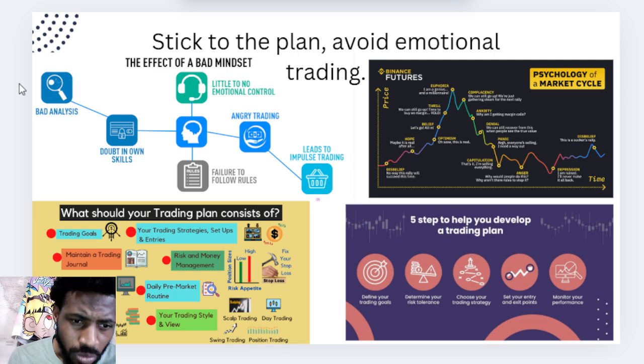What should you do? What should your trading plan consist of? Trading goals, maintaining a trading journal, trading platform and tools, knowing which one you want to trade. Know your market, your instruments, and your time frame. When I say instruments, your indicators, your time frames, your trading strategy, setups and entries.